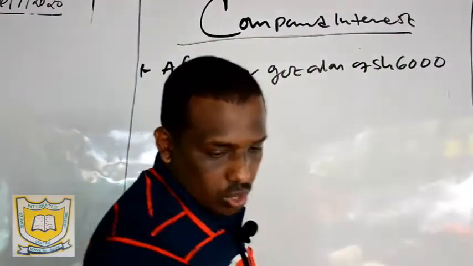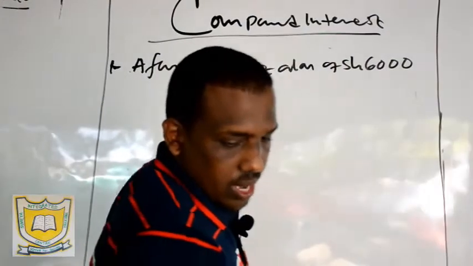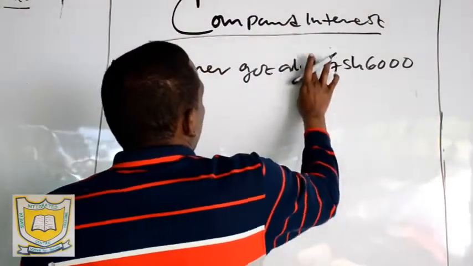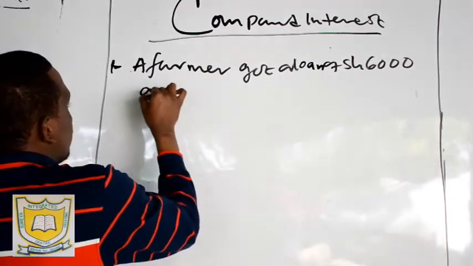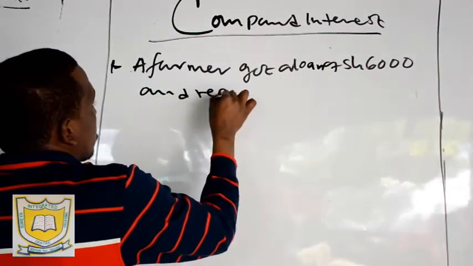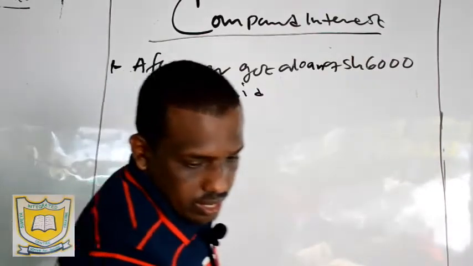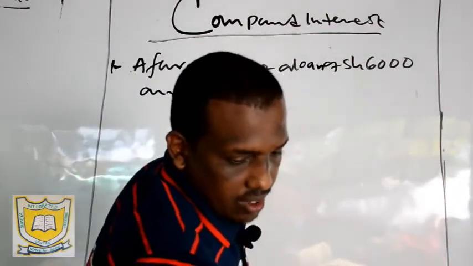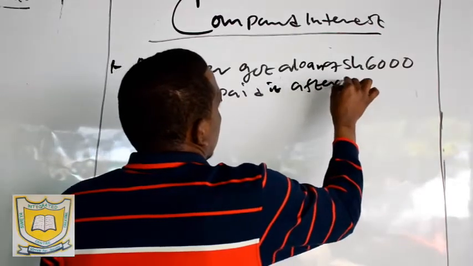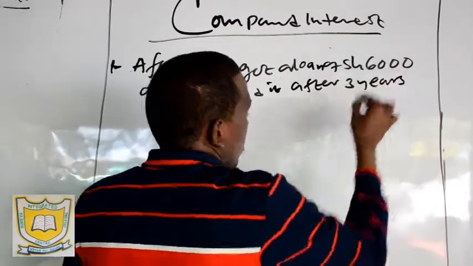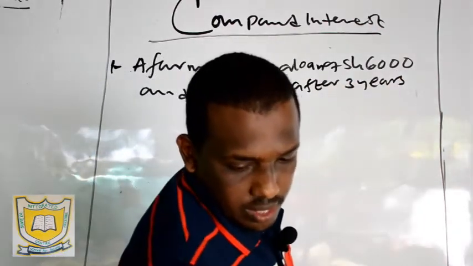A farmer got a loan of shilling 6,000 and repaid it after 3 years.